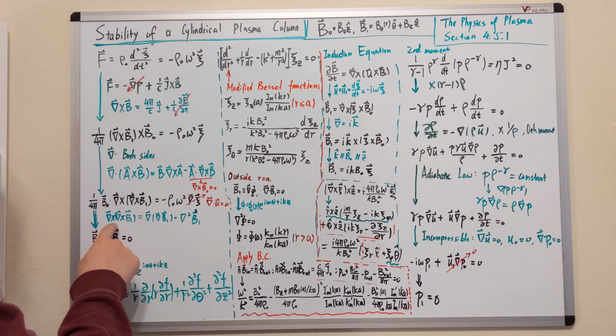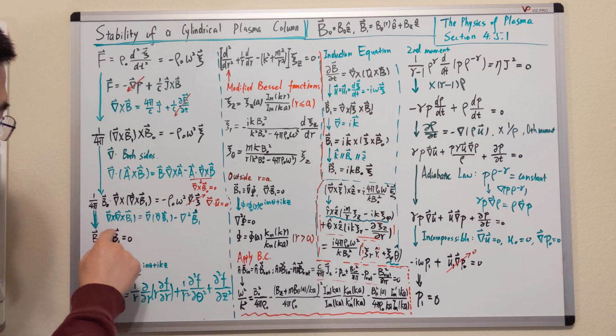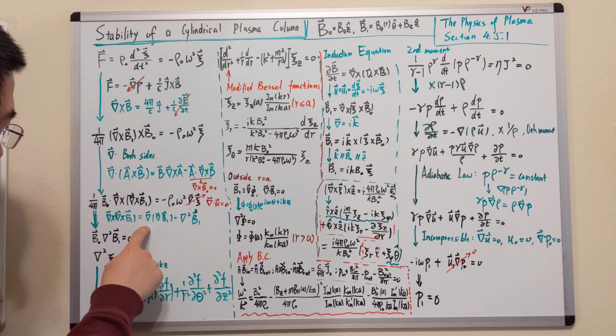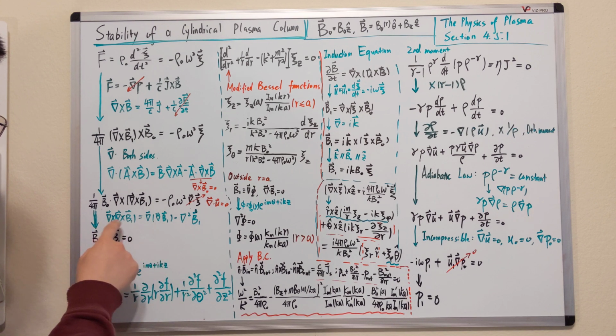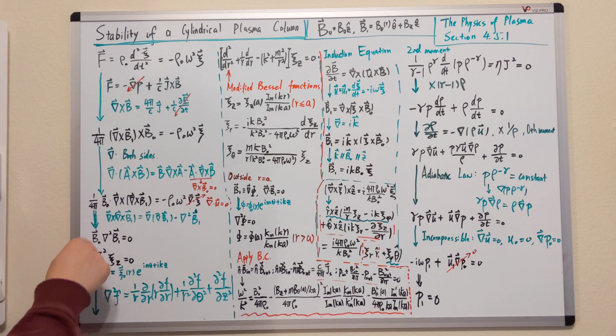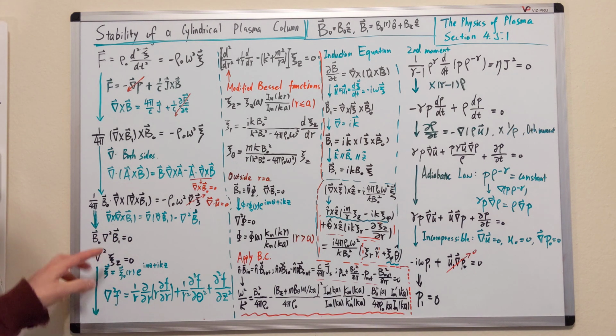And we utilize this vector identity. From Maxwell's equation, this is zero, and we're left with this term. Then we have b naught dot Laplacian b1 equals zero.